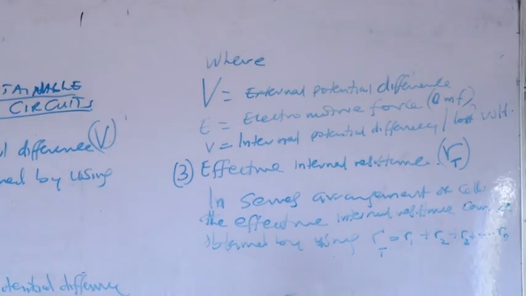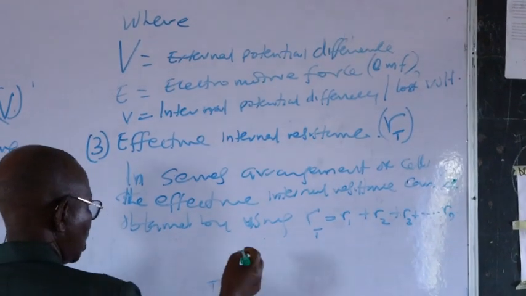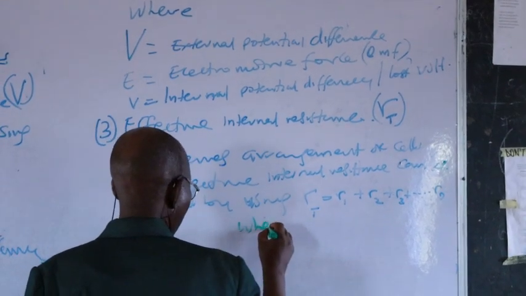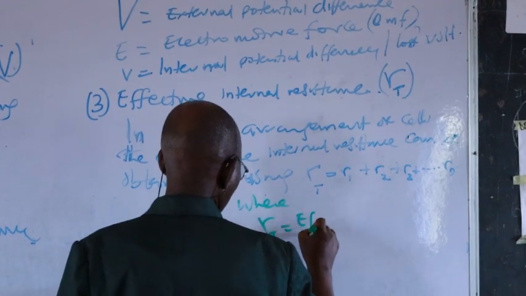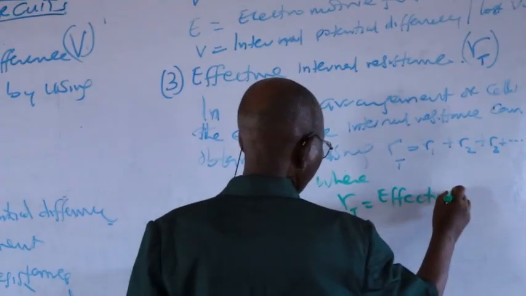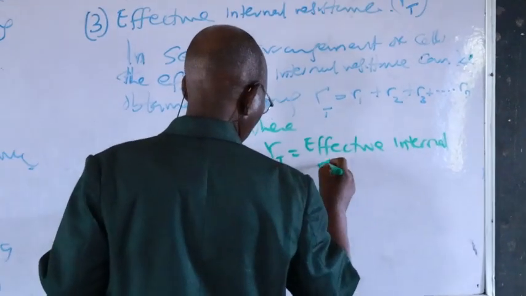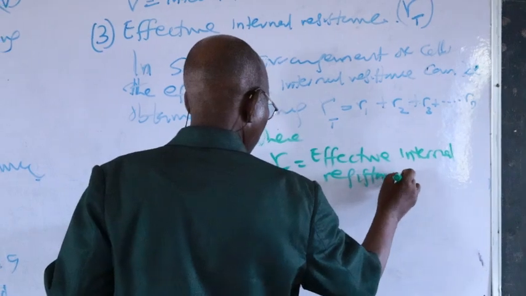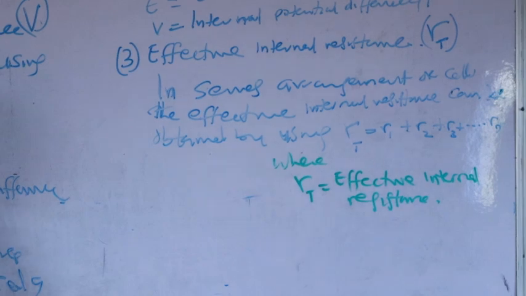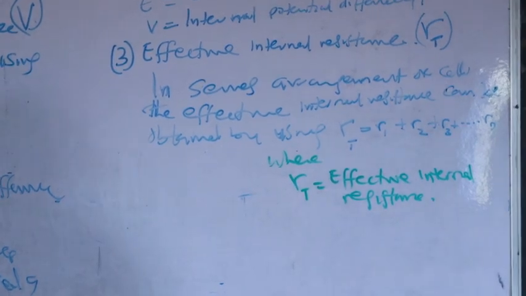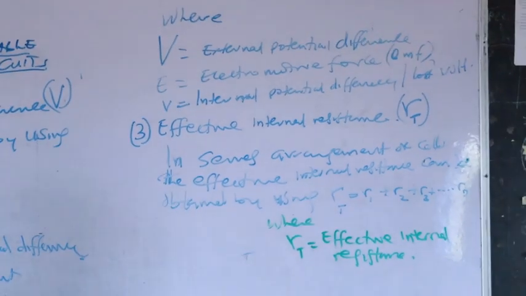But for parallel, the formula for parallel arrangement, before that we can say where R total is called effective internal resistance. R1 is the internal resistance of cell 1, R2 is the internal resistance of cell 2, cell 3, depending on how many cells you have in series.